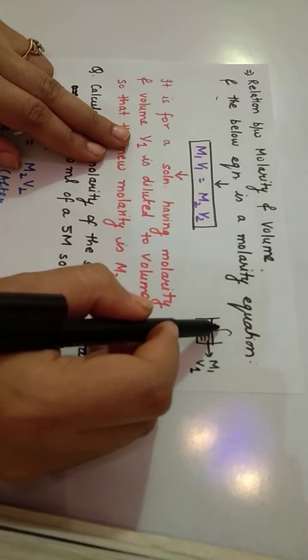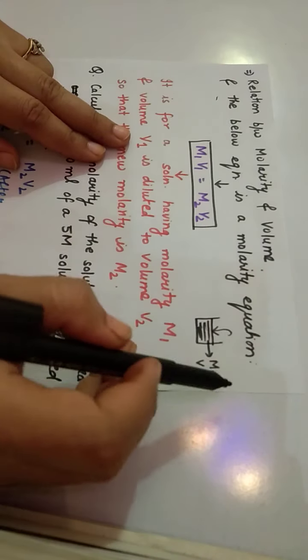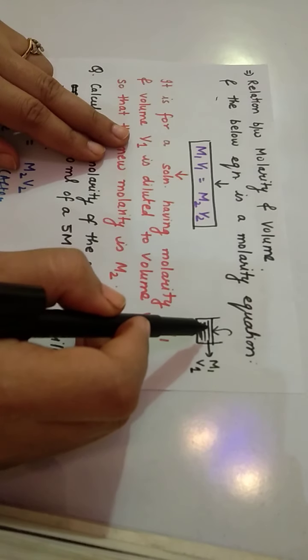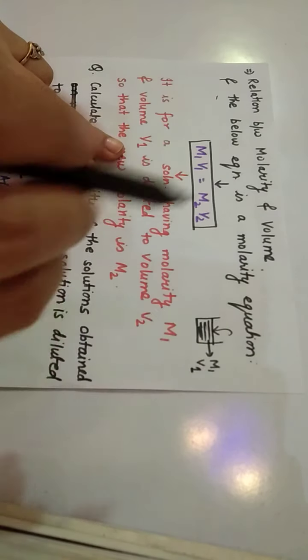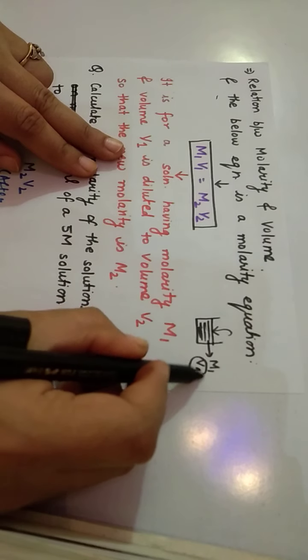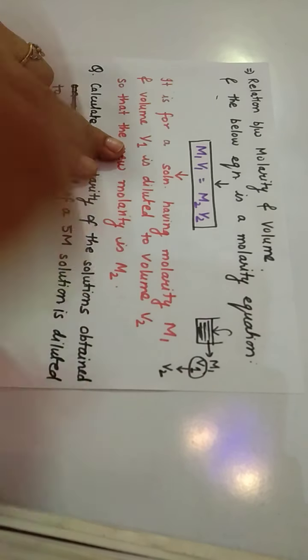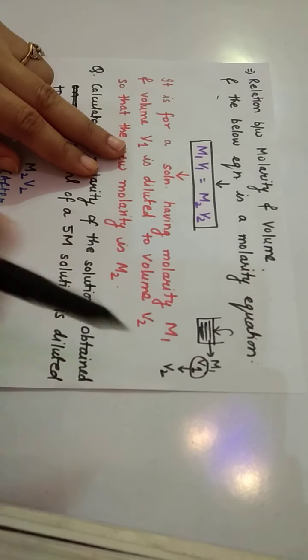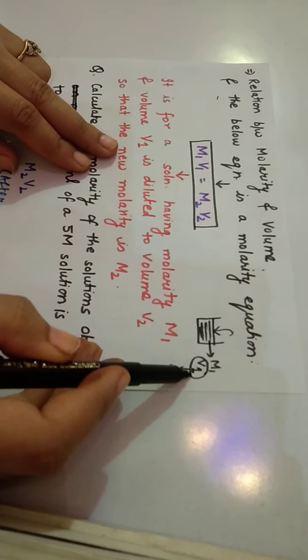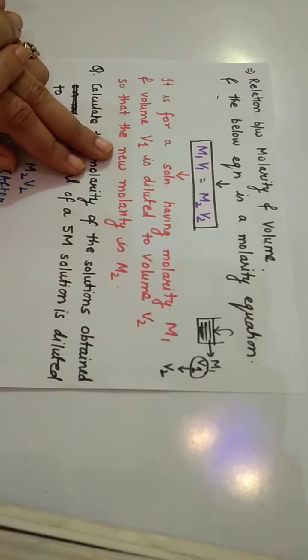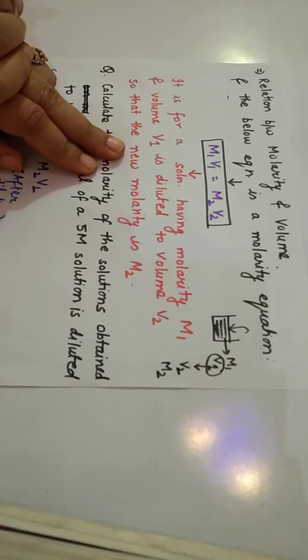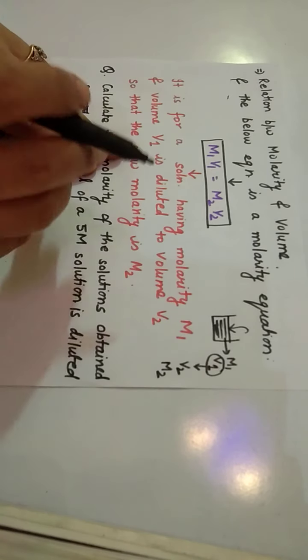Now, if you dilute this solution, that is if you add water to this solution, then the volume will also change. So the volume V1 will now become volume V2 and there will be a new molarity. That new molarity is M2.